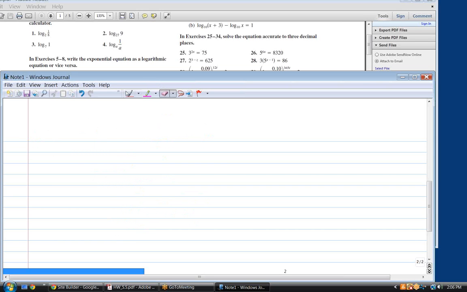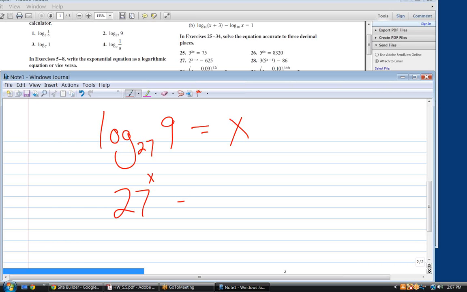The second one is a little more complicated. Let's look at it briefly. I'm going to let that equal x, so now solve that. Then we have 27 to the x equals 9. This isn't quite as easy to solve once we have it in exponential form.